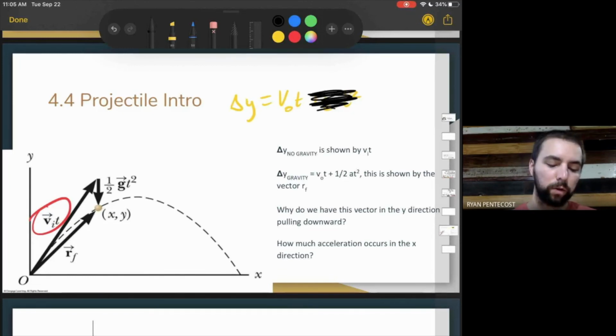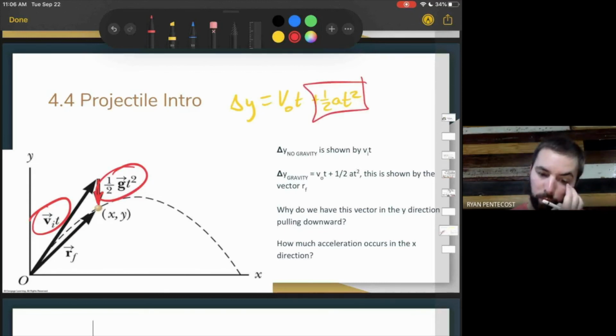So we have two vectors. One shows the motion of an object without gravity. One shows the motion of an object with gravity. And then we have this downward vector in the y direction. That is our gravity component, right here. In 1/2 a t squared, they use the vector g to show that it is a gravitational acceleration. So what they actually show is two vectors here.